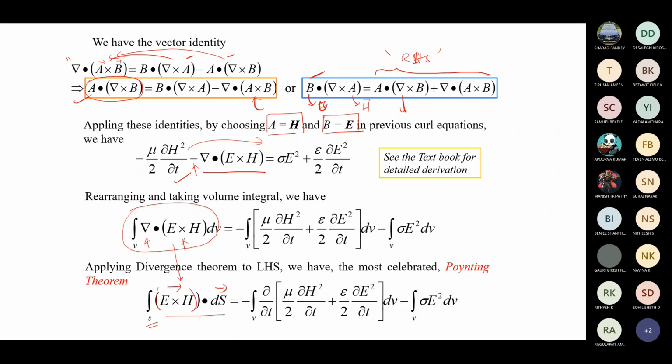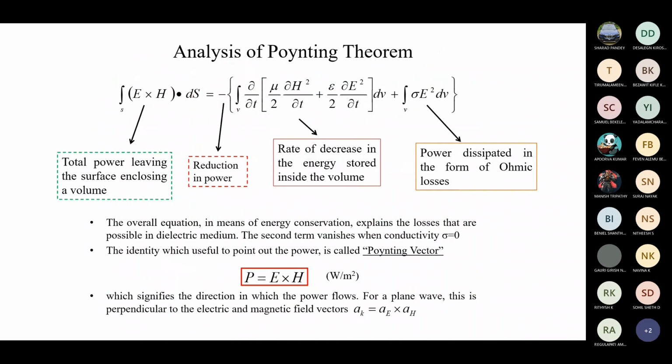So what this equation actually means is that this term on the left hand side describes the total power leaving the enclosed surface to cover the volume. That is nothing but the total power. And if this is the total power, then the right hand side is also supposed to be power. These are two different powers.